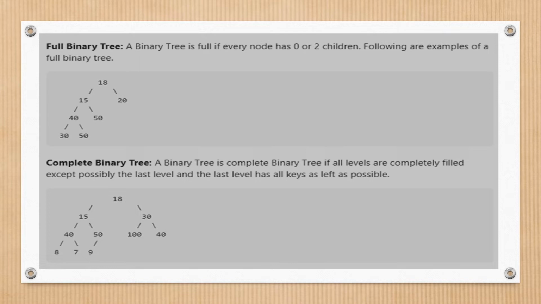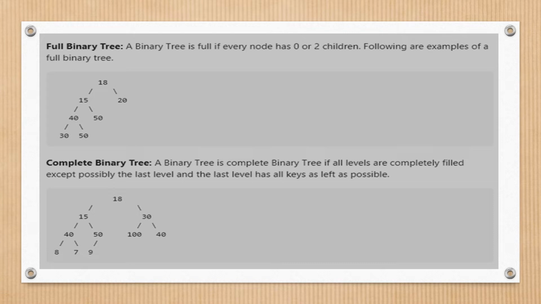Means each and every node must be either a leaf or must contain 2 children. Then only it is called full binary tree. A binary tree is said to be full binary tree if and only if it contains 0 or 2 children. If any node in a binary tree contains one child, then it is not a full binary tree.